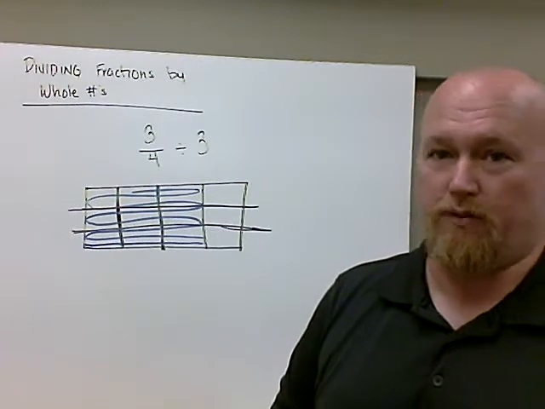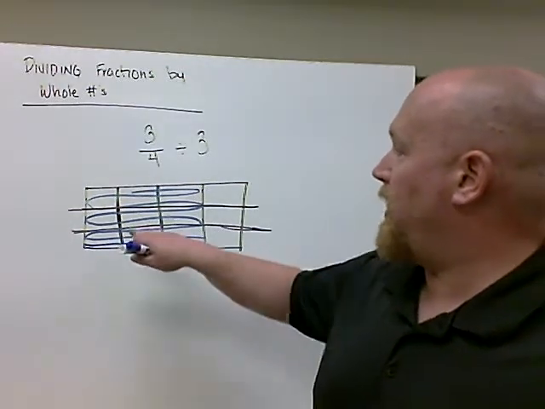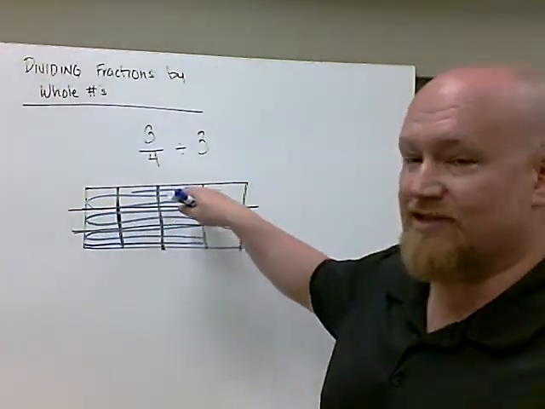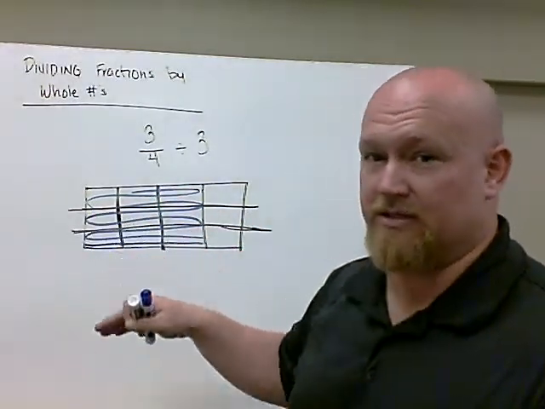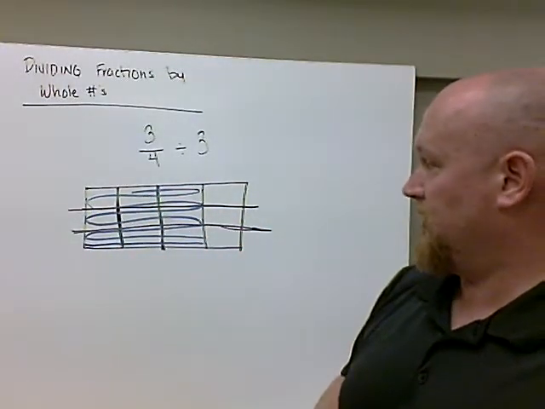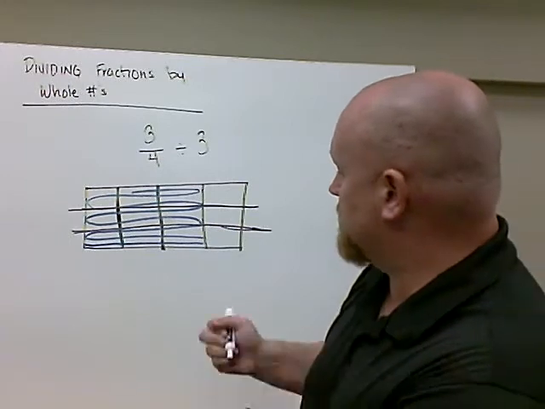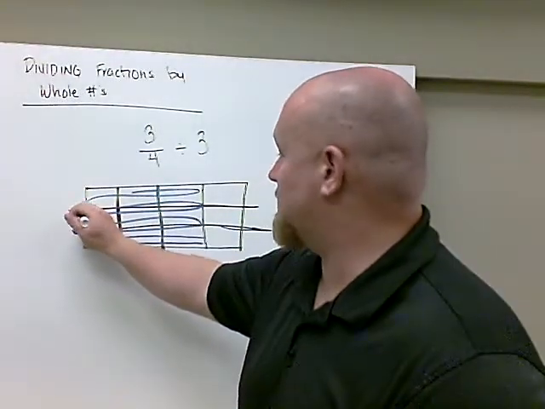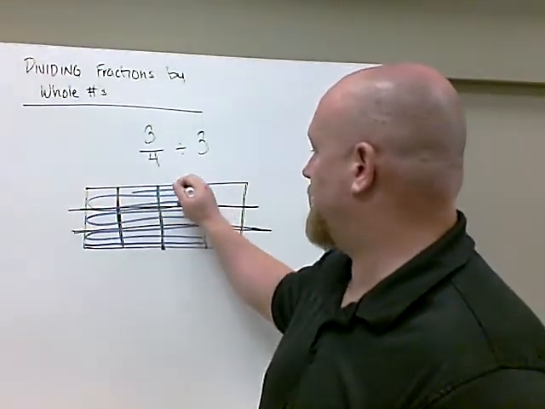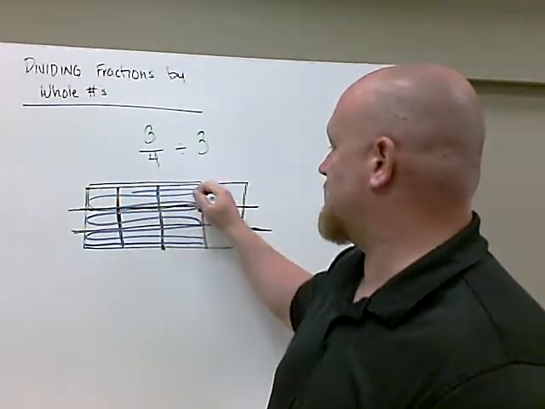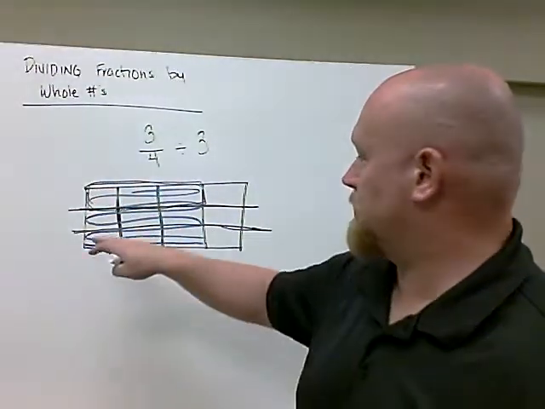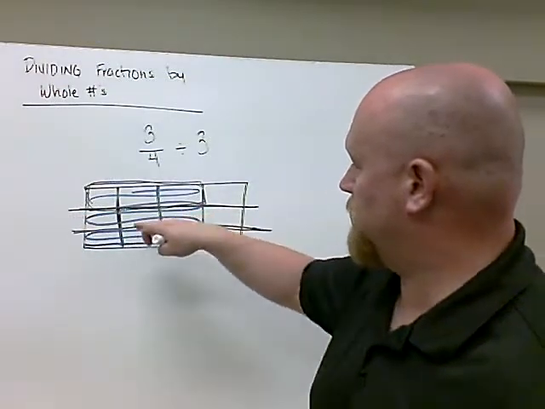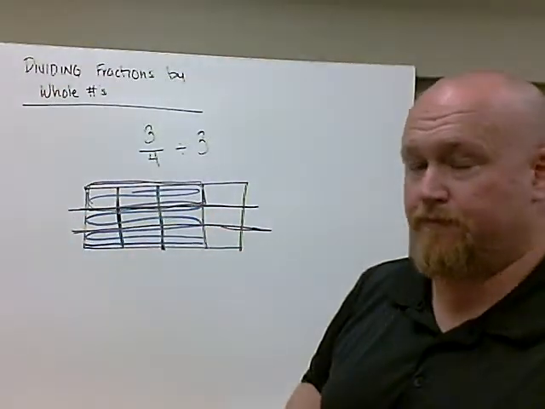But that's not what we want to know. We want to know what happens when we take 3/4. What's the value of taking 3/4 and dividing it by 3? So the 3/4 divided by 3 now means that each 4th has 3 little boxes in it. Because 1, 2, 3. Okay?